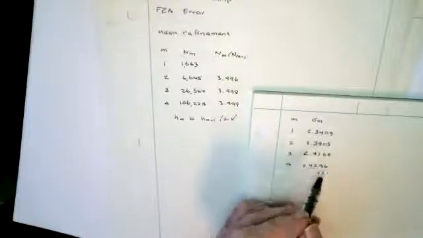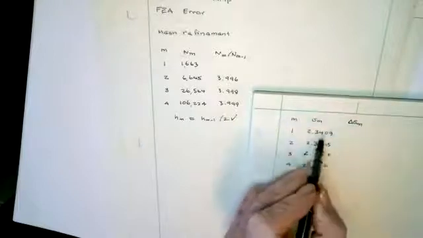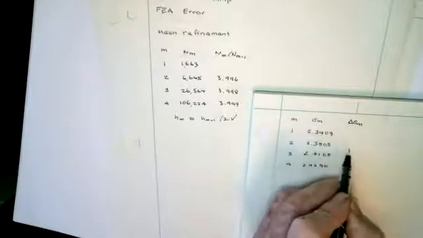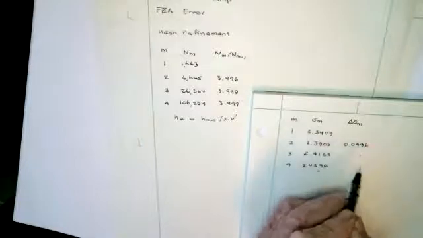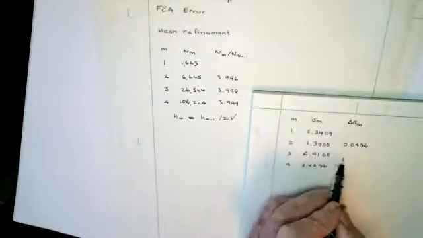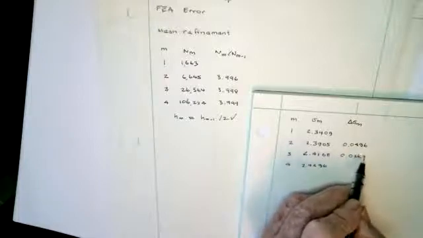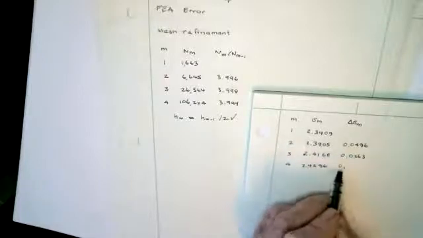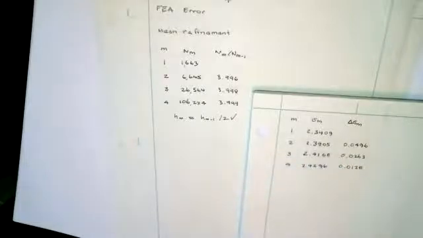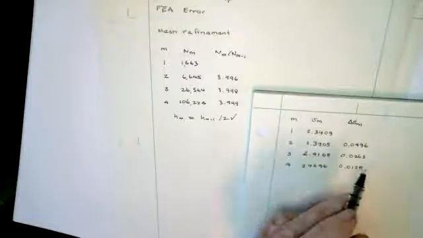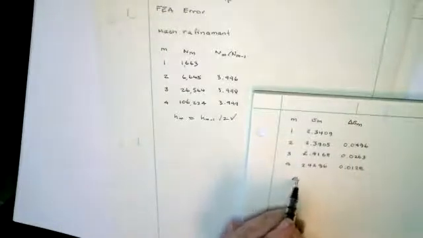It's changing, and here are the changes from this minus this, this from this, and this from this. So what we have here is that these stress increments are all the same sign.